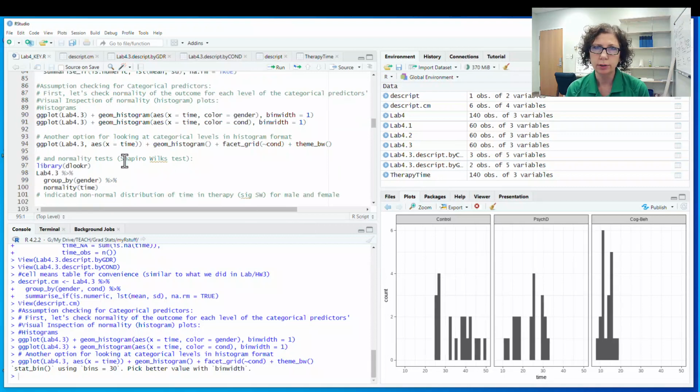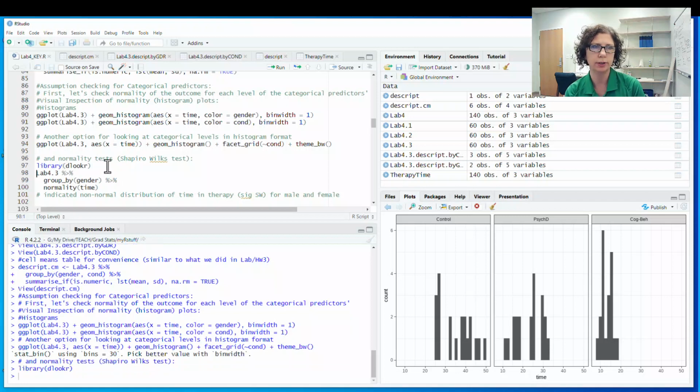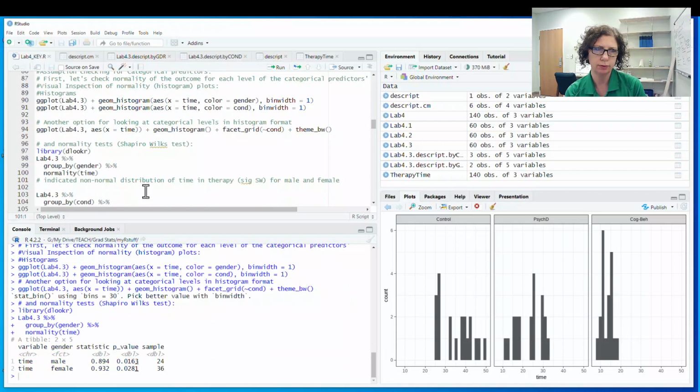After your visual look at the histograms, we want to also check out just the Shapiro test. And again, by each level of the categorical predictor. And you've done these before in Lab 3, so I'm speeding through a little bit.